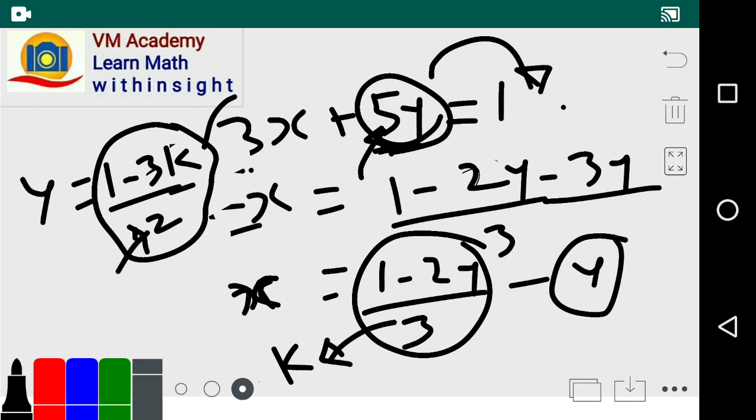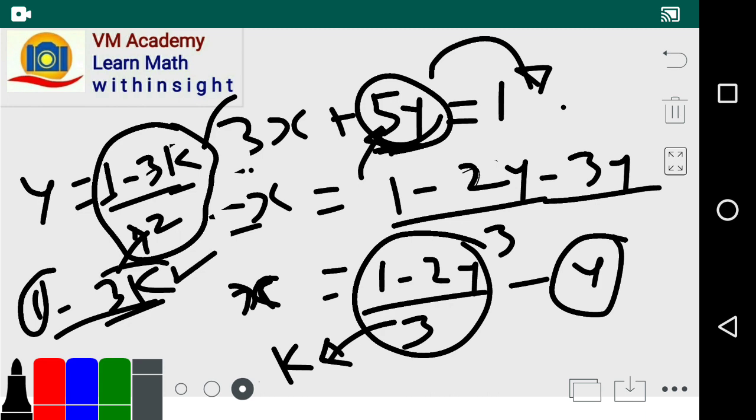So 1 minus 3k must be an even number. So 1 is an odd number, and if from an odd number we subtract an even number, we get an odd number. But if from an odd number we subtract an odd number, then we get an even number. So 3k must be odd, and for that k must be odd.